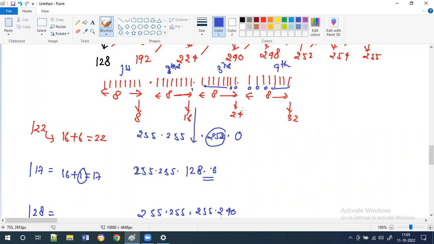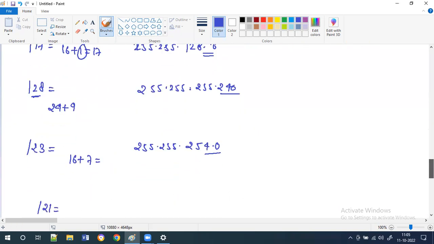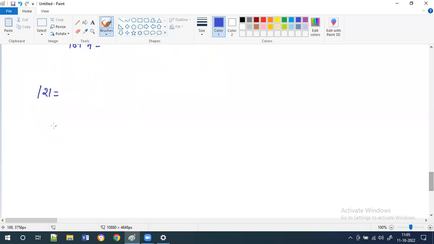Now we will take the 24. So 16 and 24. So what I have to do? 24 minus 3 equal to 21. Right? These 3 are the number of bits on the host side.